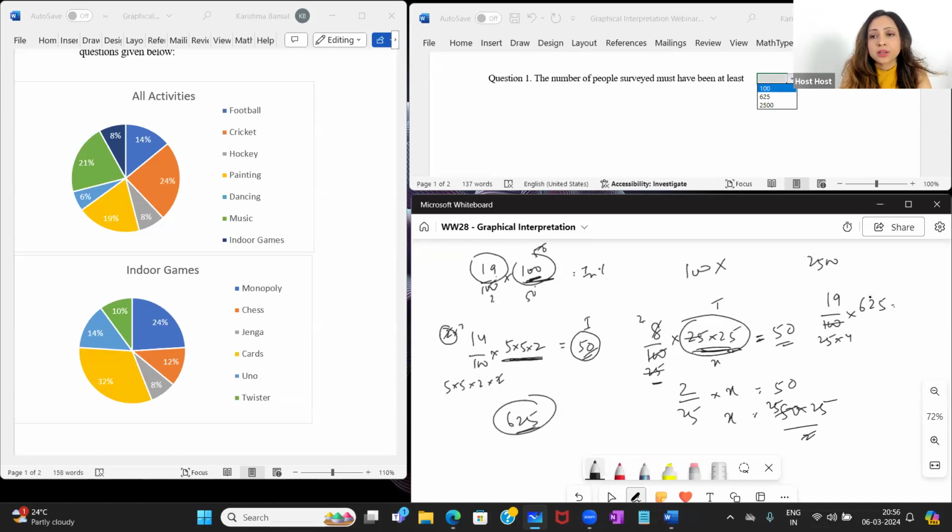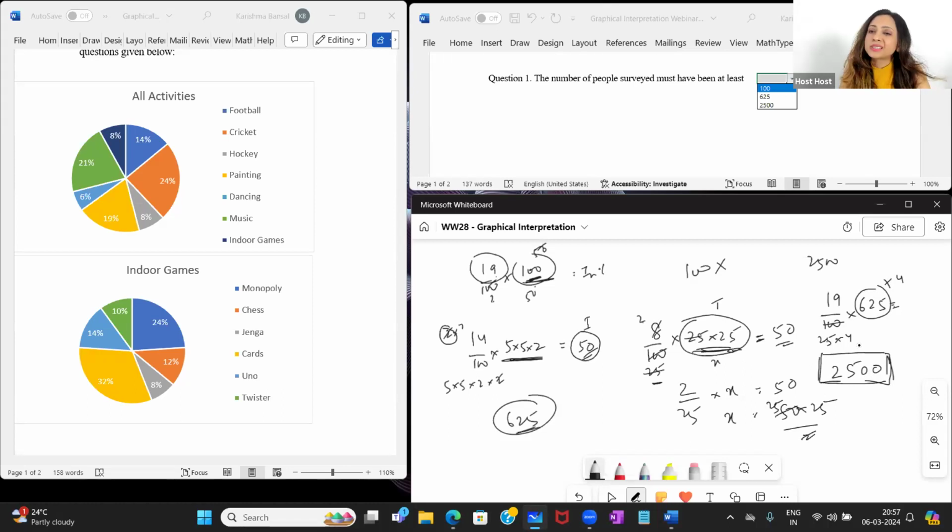If I say 100 is 25, it's not getting cancelled off with 625 to give me an integer. Of course, I have a prime number here, it will not get cancelled off. This only cancels off the 25. What about the 4? There is no 4 over here. So what do I need? I need another 4 over here, right? Then this thing becomes 2500. So now I understand that the minimum number of people must have been 2500.